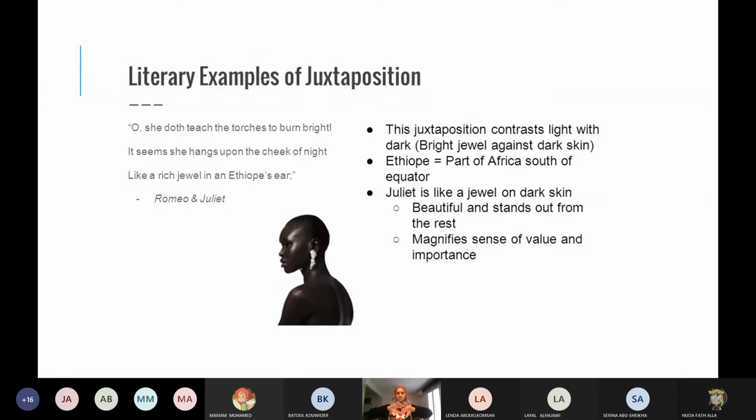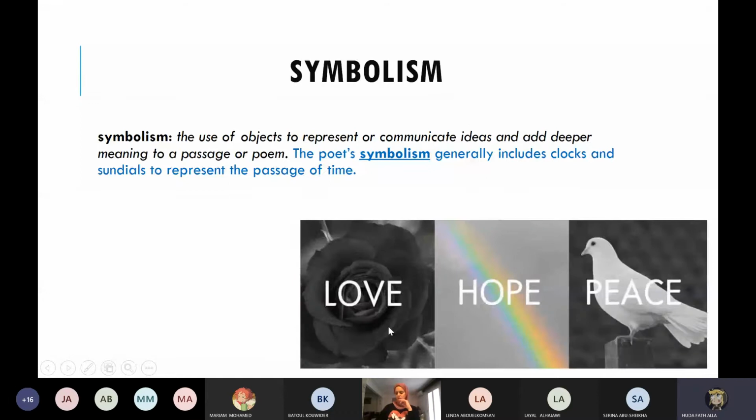Here you can clearly see this is white, and her body is black. They need to show us the contrast or the opposite to know the meaning.